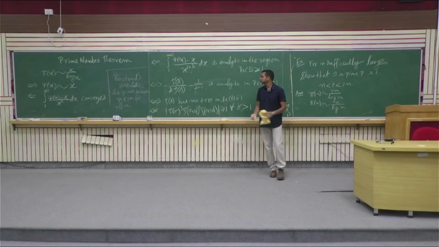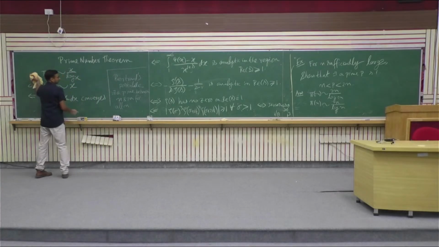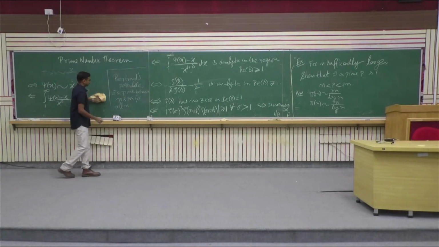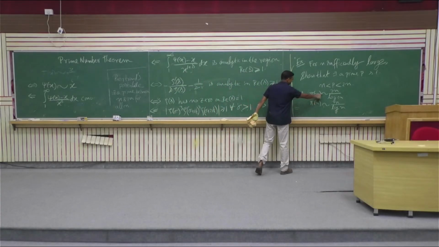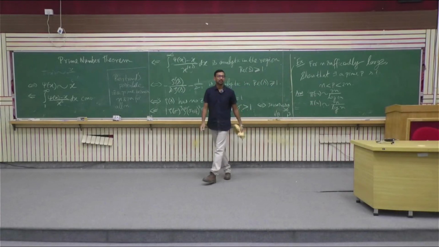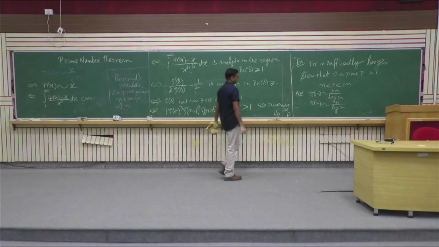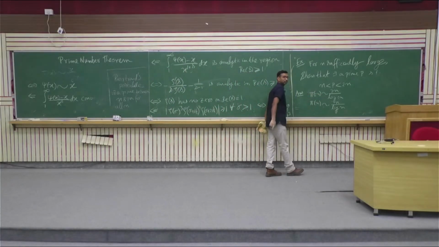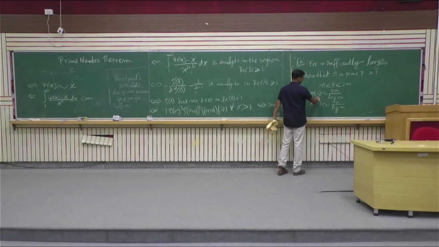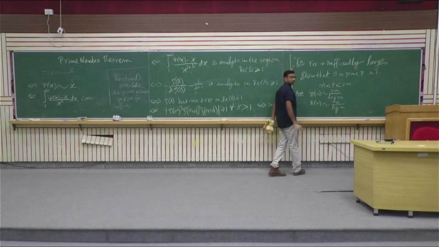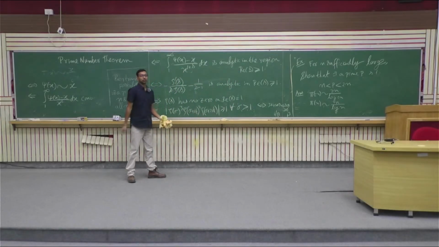What does asymptotic to mean? I mean, this symbol, what does it mean? Yes, pi of n is, of course, big O of this, meaning it is less than or equal to some constant times this, and that we already have from Chebyshev.